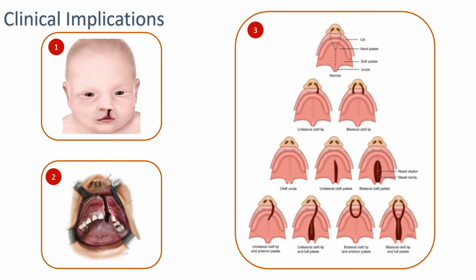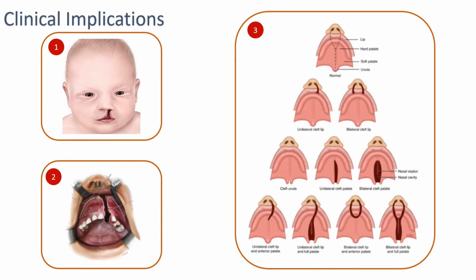So clefts that occur anterior to the incisive foramen might include things like a cleft of the lip, like up here on the top left. Or it could even include this image here in the bottom left, which is a cleft of the maxilla, so the maxillary bone is involved, or even clefts between the primary and secondary palates.